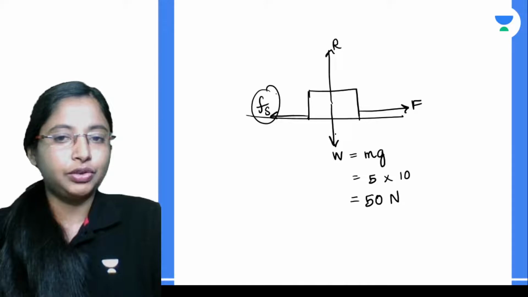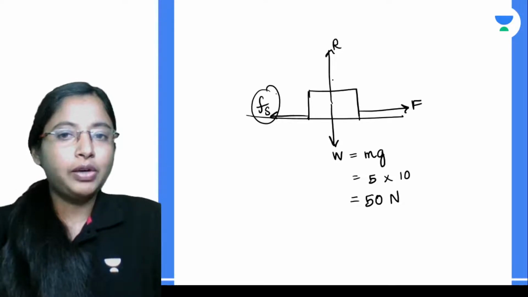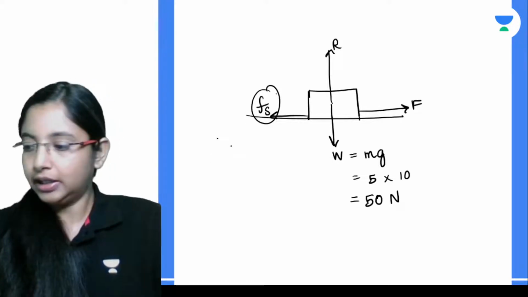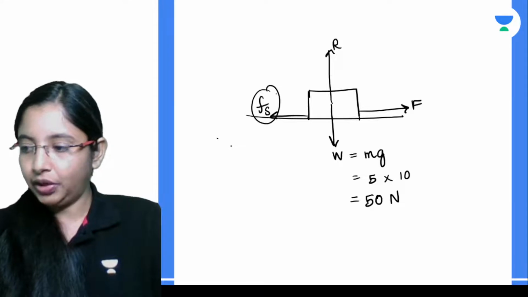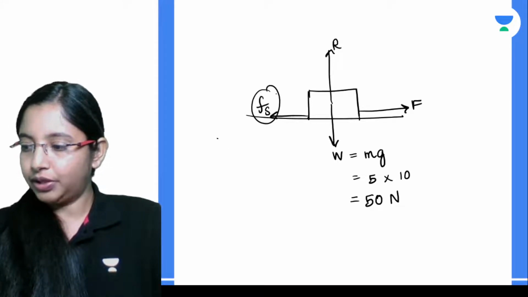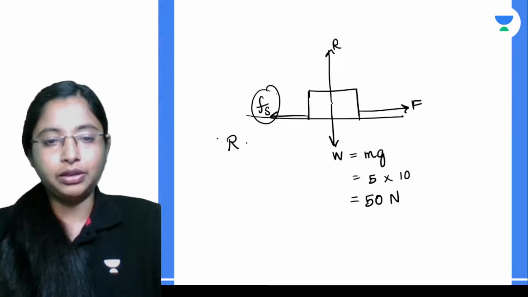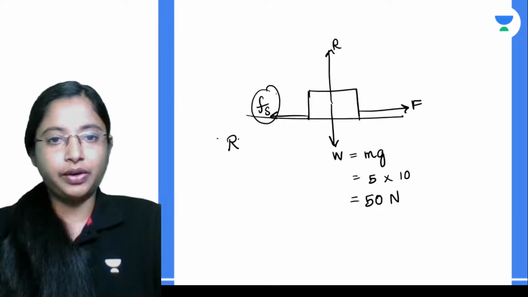So if this is 50 Newton, obviously the normal reaction force acts opposite to this weight. Along the vertical axis, we have the weight acting downwards and the reaction force acting upwards. So from here we can say that this reaction force R minus this weight is 0.